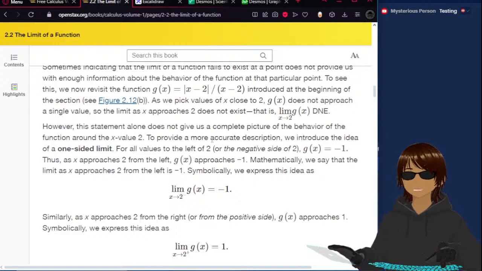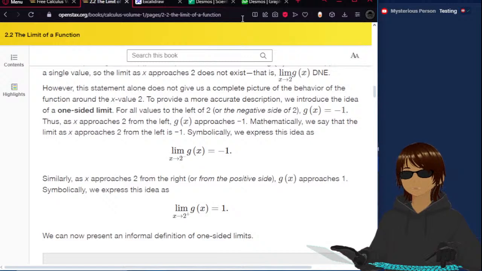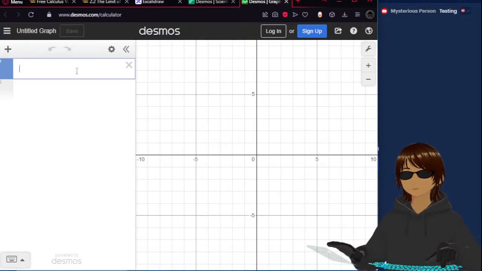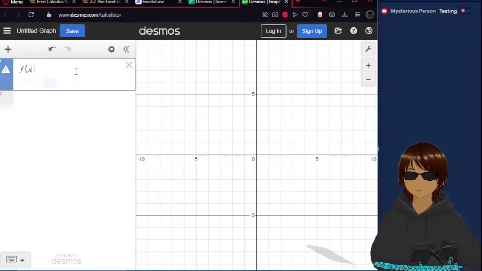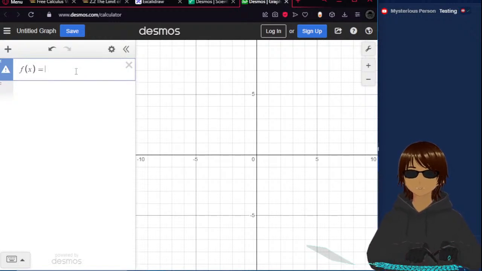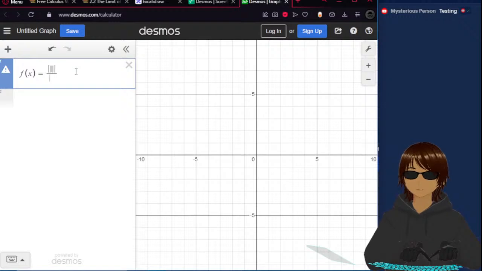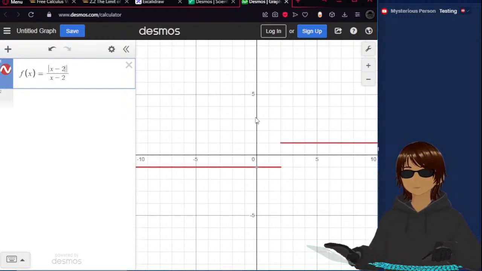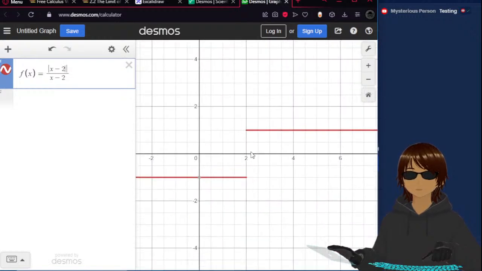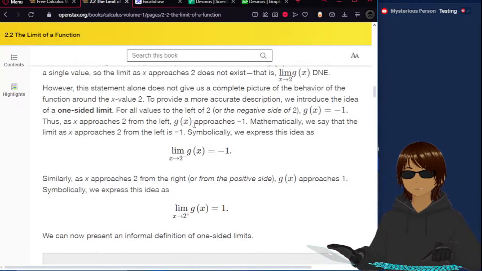To provide a more accurate description, we introduce the idea of a one-sided limit. So there is no limit because from both sides they don't approach a particular value, but we can do one-sided limits.